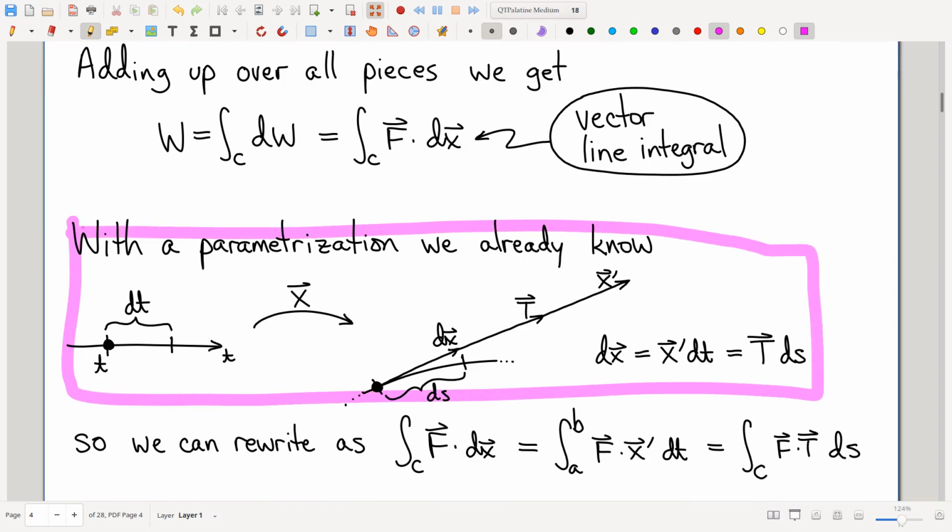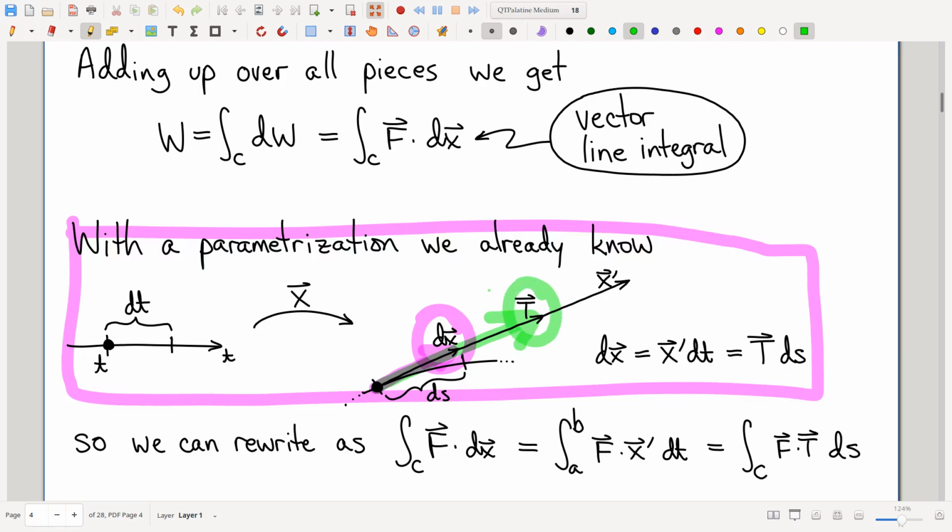Everything I have circled in purple there is stuff we already know. A lot of this is flashback to chapter 3, I want to say section 3.2. And we defined there this idea of the position differential, dx. And we defined there this idea of the unit tangent vector, capital T, right?